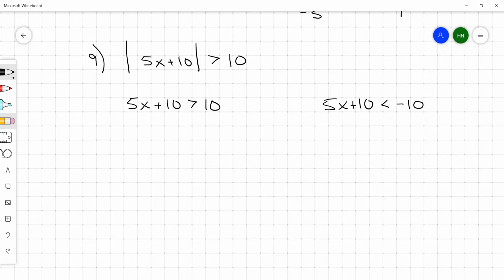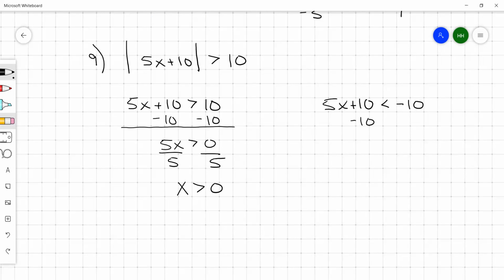And go ahead and solve them both and then graph it. So you can subtract 10 from each side right here. So 5x is greater than 0, and divide by 5. You get x greater than 0. If you subtract 10 from both sides on this other equation, you get 5x is less than negative 20. You can divide both sides by 5.